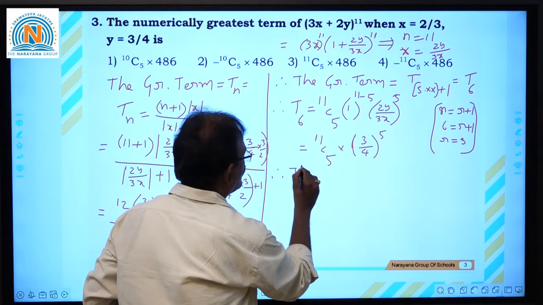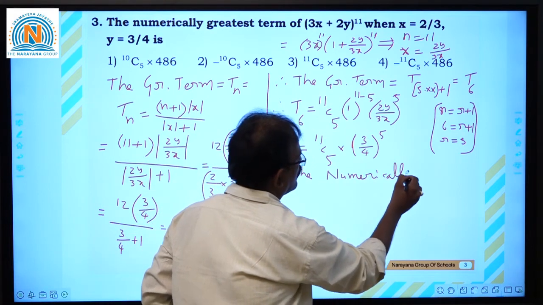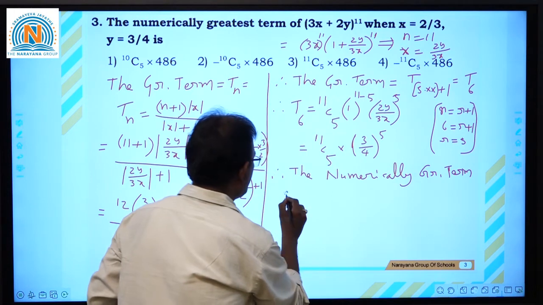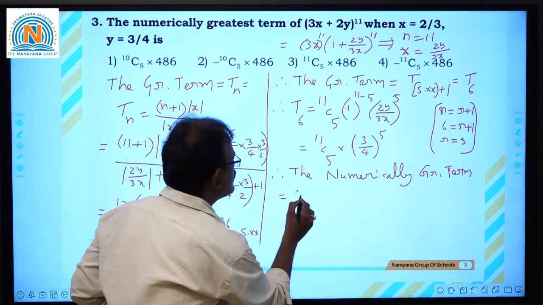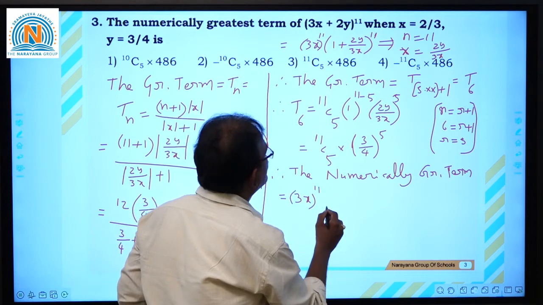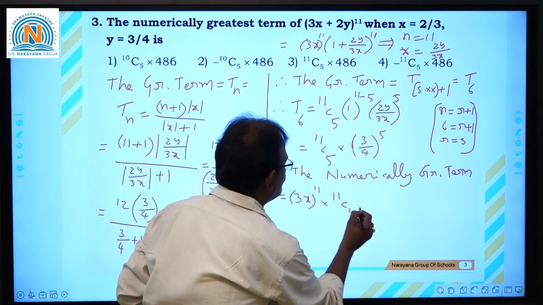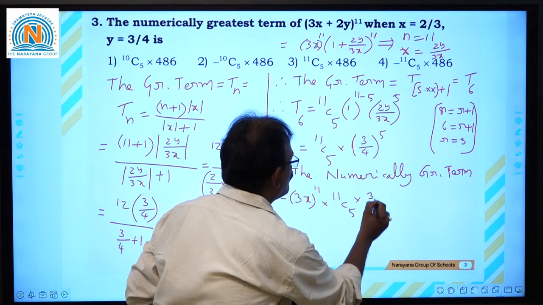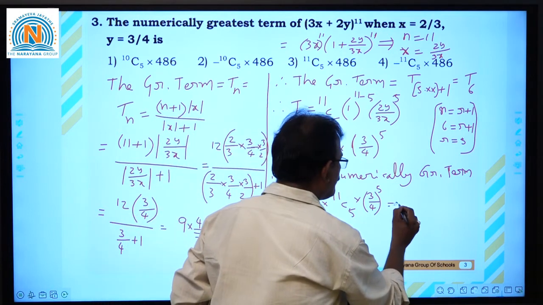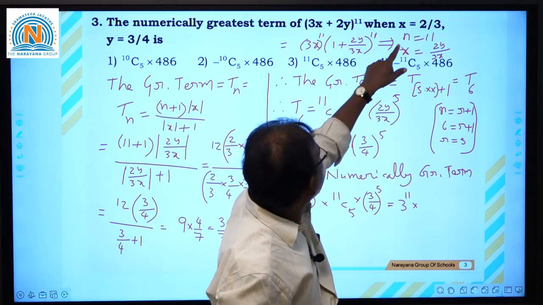Therefore, the numerically greatest term is equal to, actually we take this common, this is 3 into x whole power 11, into, for this term already we calculated, this is 11C5 into 3 by 4 whole power 5. Now 3 power 11 into, x value is how much, children? This is 2 by 3.